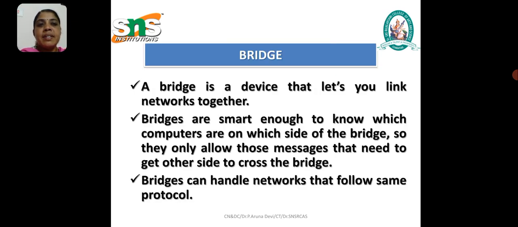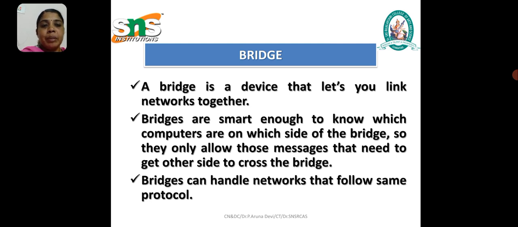Bridge. A bridge is a device that lets you link networks together. Bridges are smart enough to know which computers are on which side of the bridge, so they only allow those messages that need to get to the other side to cross the bridge. Let us consider a simple example for a bridge. In our area we have a bridge now, so required data only transmits from one side to another, from one source to a destination.